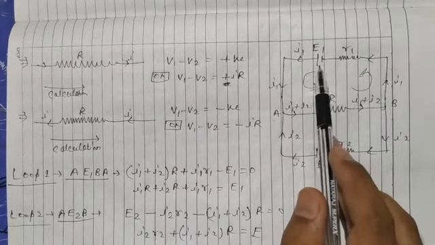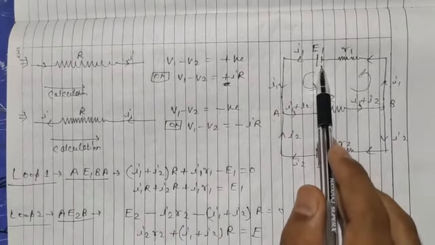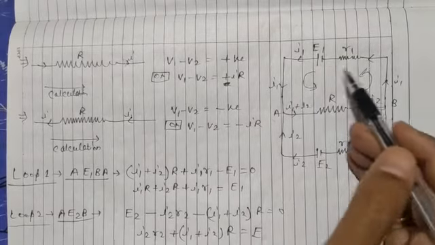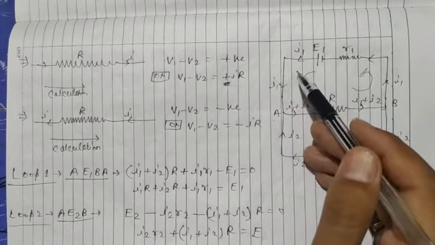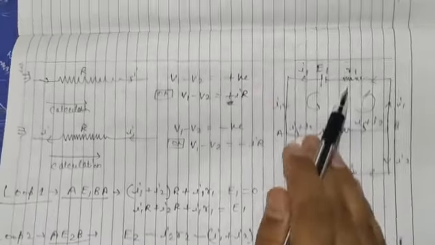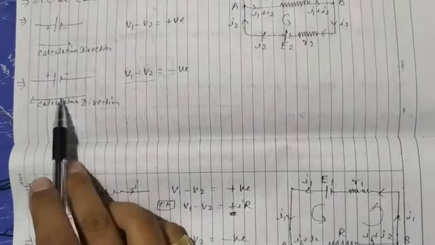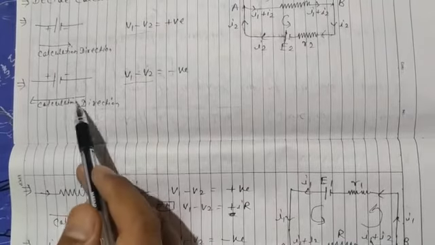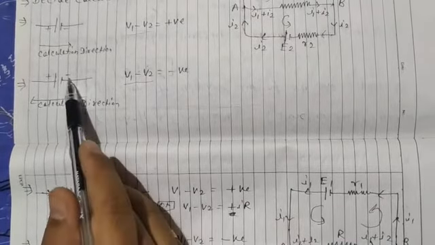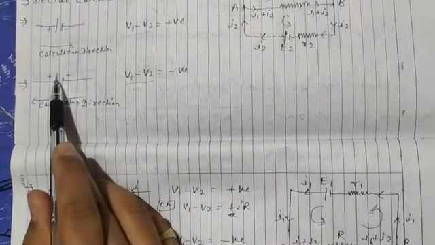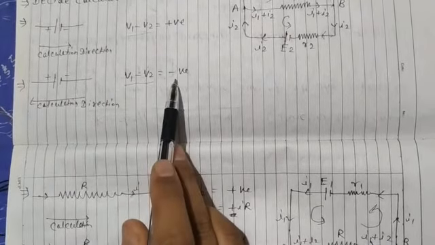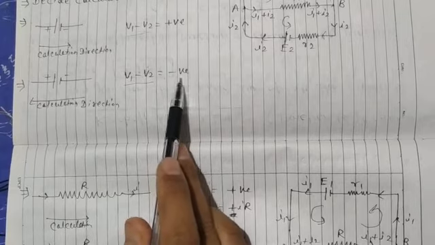Now this is our third element, the cell. The direction of calculation is this way, and according to the rule of the cell, the direction of calculation is negative plate to positive plate. Then the sign of the potential difference is negative.